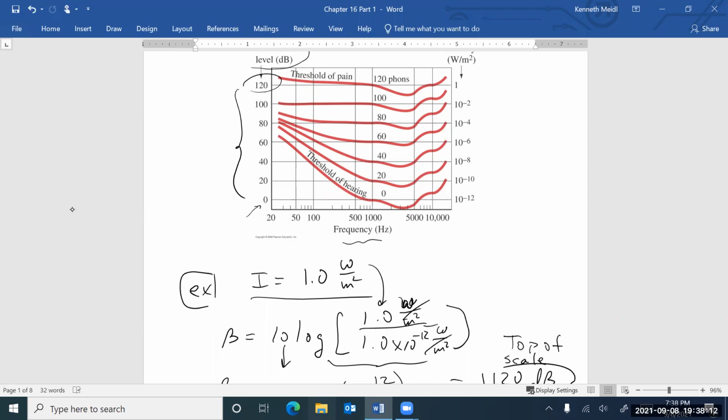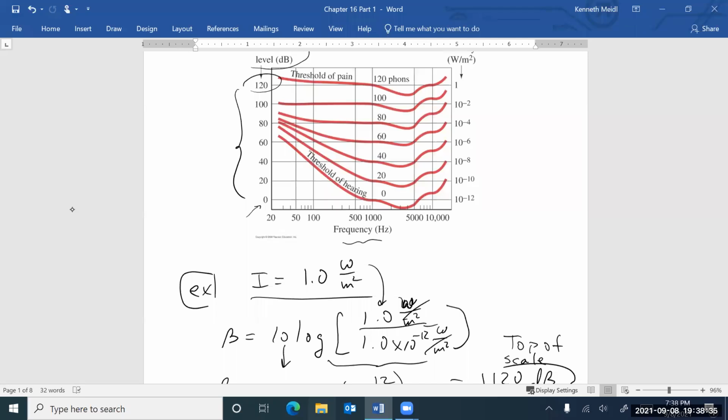Looks like that dip is getting close to around 4,000 hertz or so, where the intensity or the decibel level is slightly less, which is kind of interesting here. There's kind of the sweet spot here for human beings.